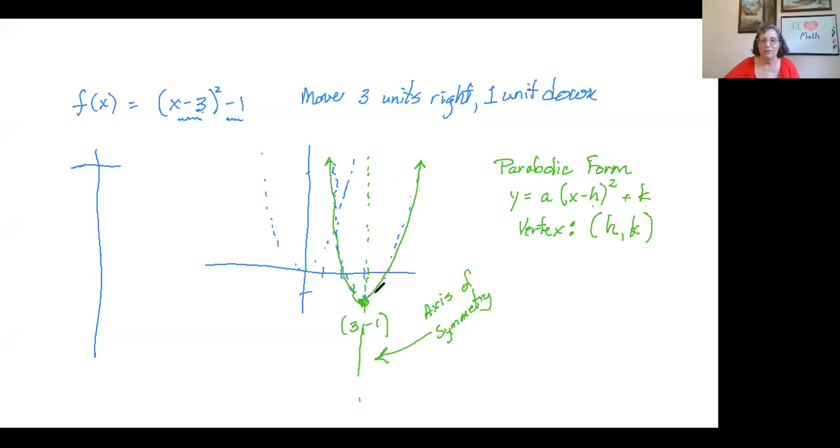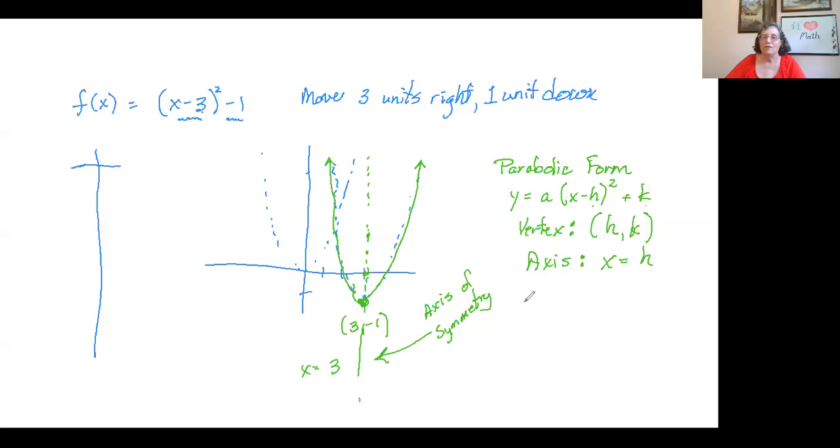This has got the points (3, -1), (3, 1), (3, 0), (3, 2). So the axis of symmetry has the equation x equals h. In this case, it's x equals 3.